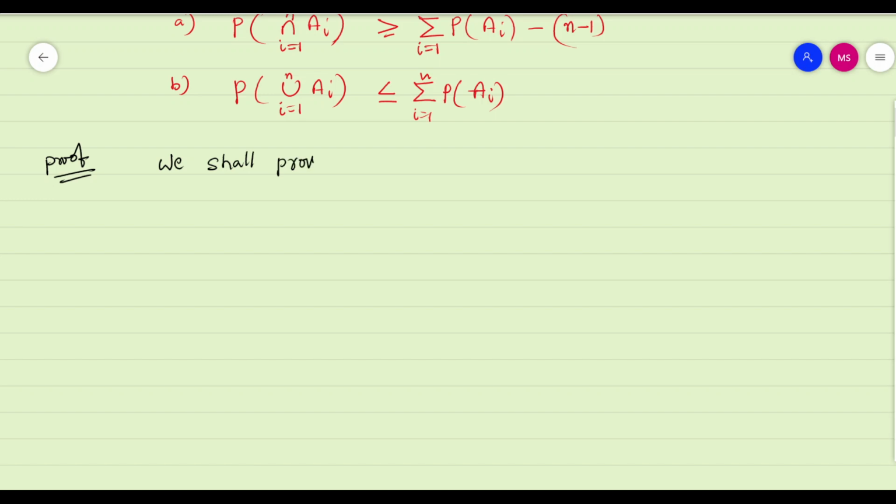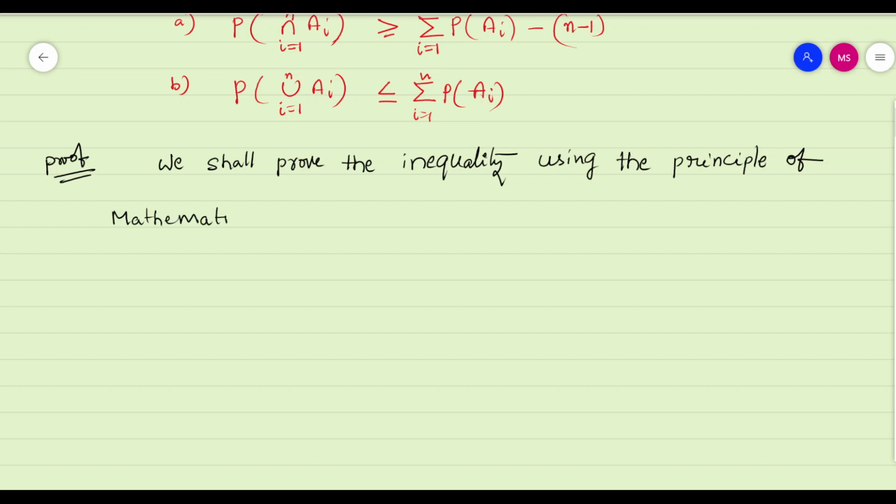We shall prove the inequality using the principle of mathematical induction.